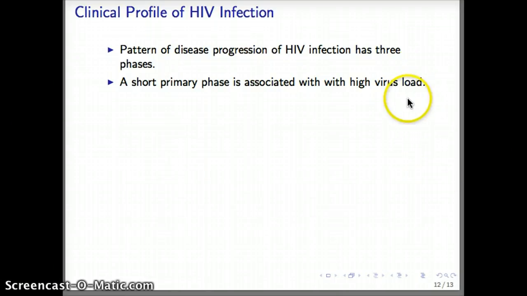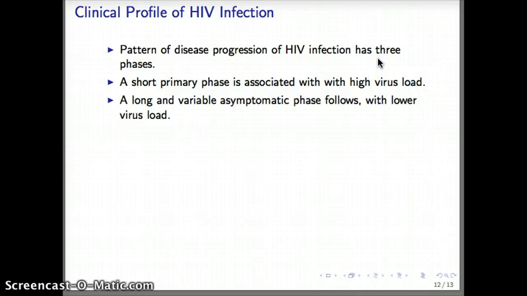Here we see this phrase appear for the first time: virus load. This is another way of talking about the size or volume of virus. It is an amount, how much virus there is.